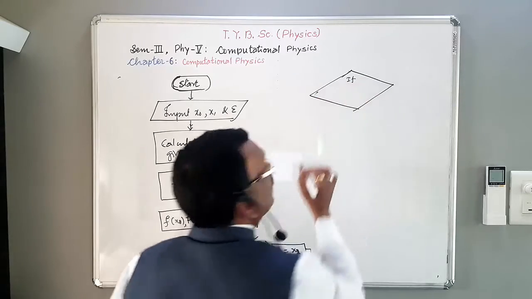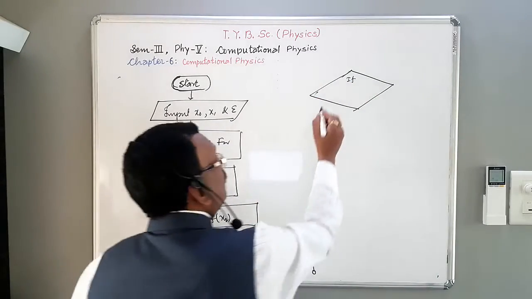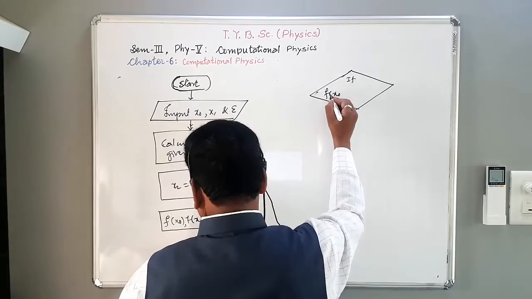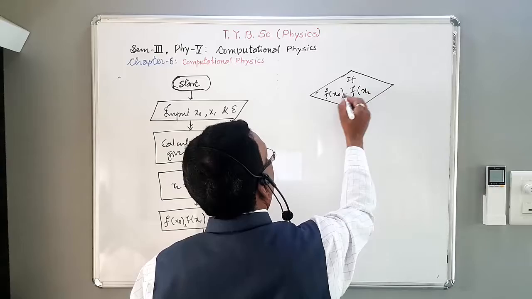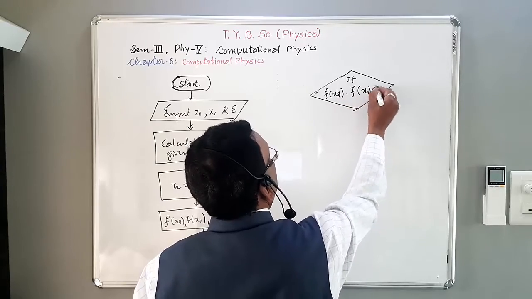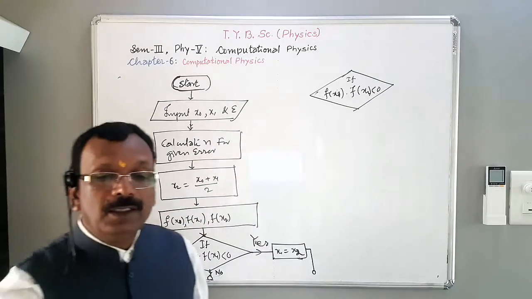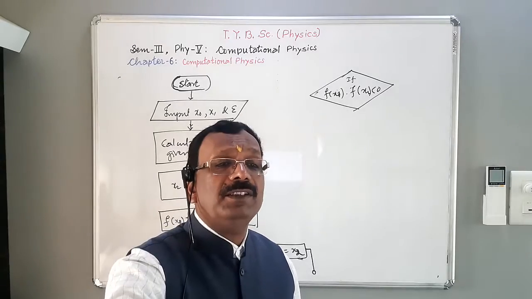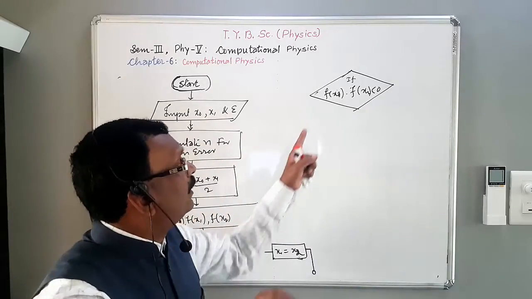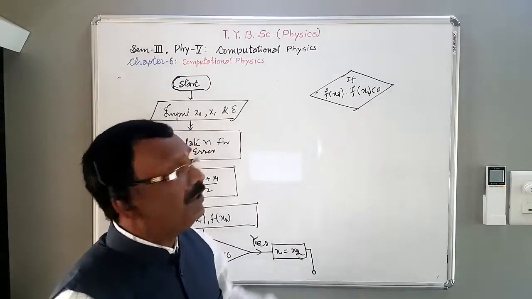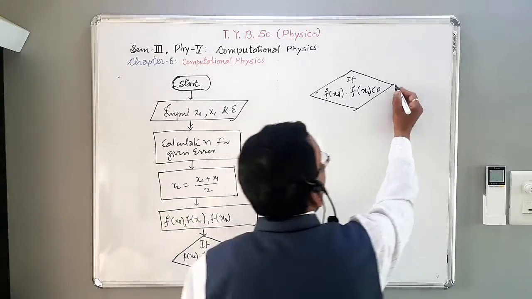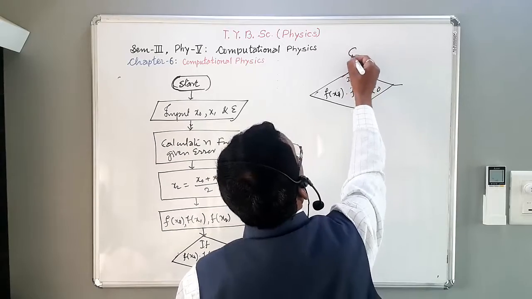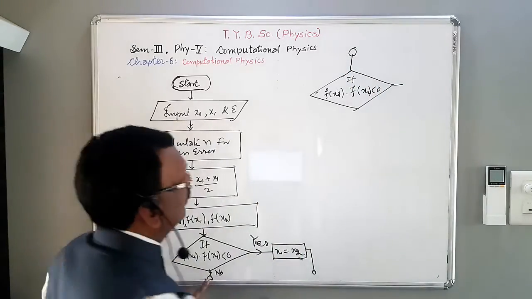What is the next condition? If f of x1 into f of x2 is less than 0, then what do we have to do? If the condition is true, this is the connector which connects here.